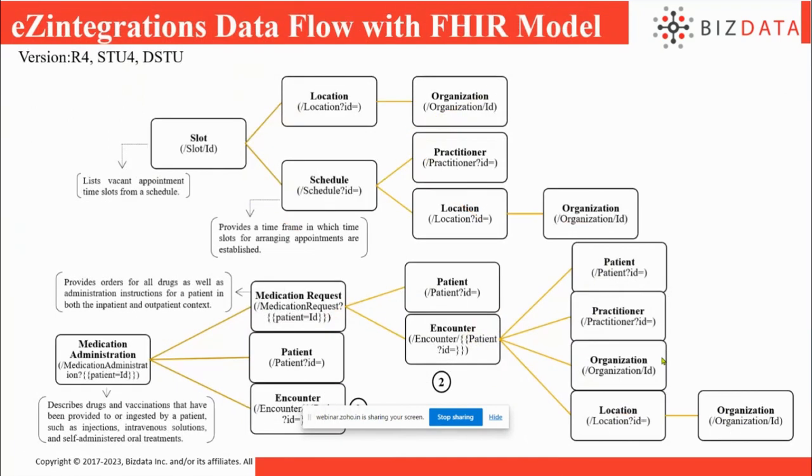This is another case where we are reading the appointment slots and then sending them to different locations, to different hospitals, assigning them to different doctors, and then also doing scheduling and sending to different organizations and practitioners, and delegating to different organizations. And then we can also go for medication request, allergens, and all those. So multiple flows are possible with the eZintegration platform.